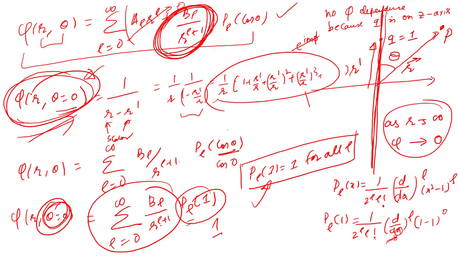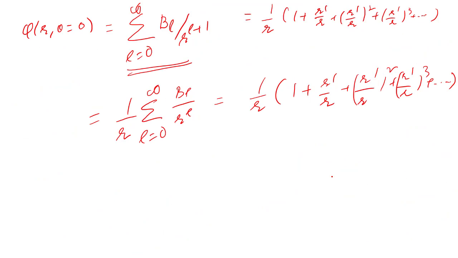When you apply that, all the Legendre polynomials become 1, because that's a property of Legendre polynomials. P_L of 1 is defined to be 1 for all L. So essentially we end up getting this.